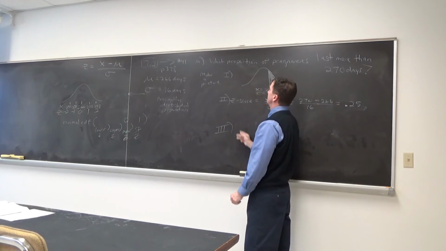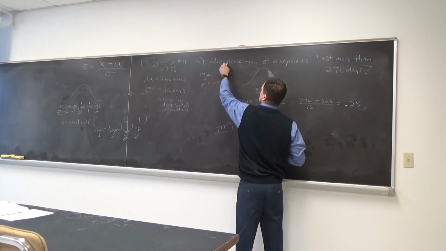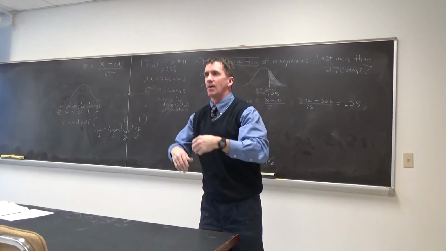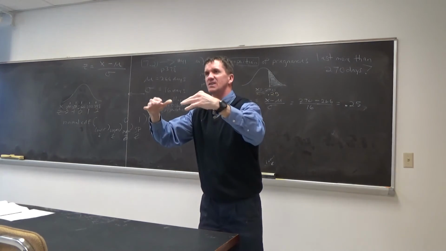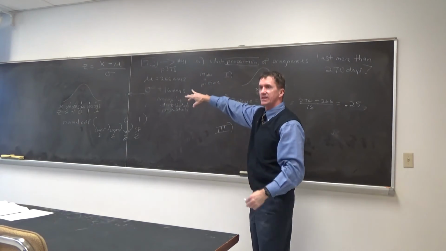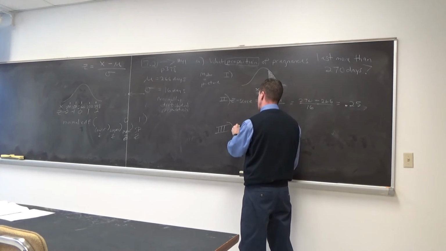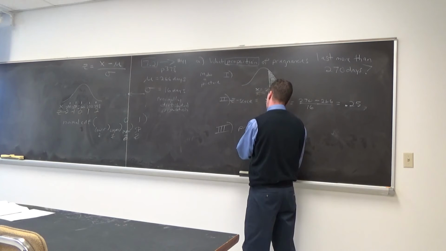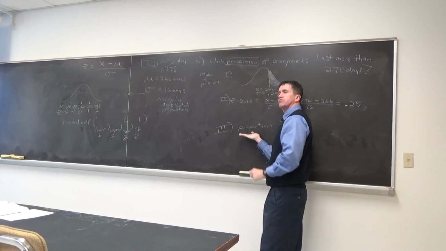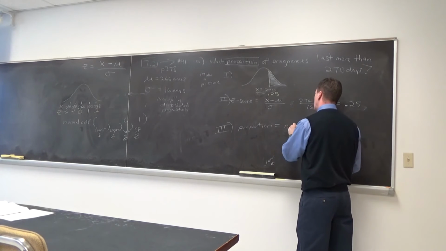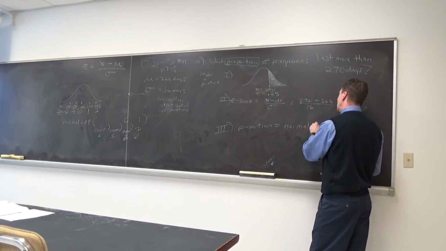This is where we find proportion. And this word, proportion, I'll box it off, means probability, means area under that curve if everything added up to 1. So to get my percentage or my proportion, probability, I always use the normal CDF button.